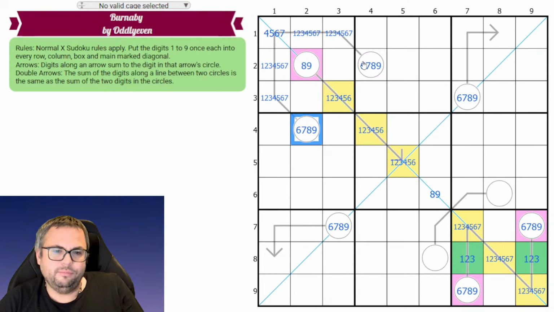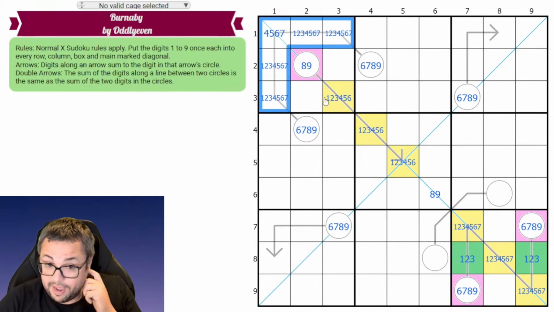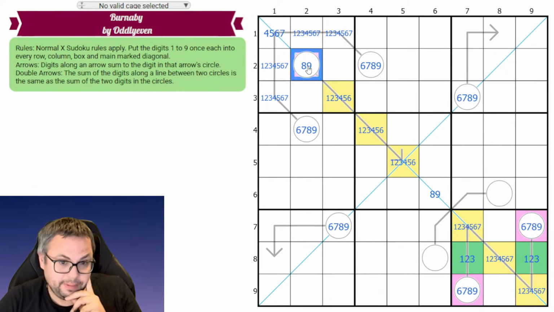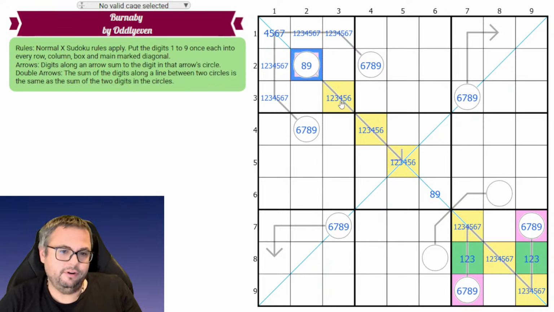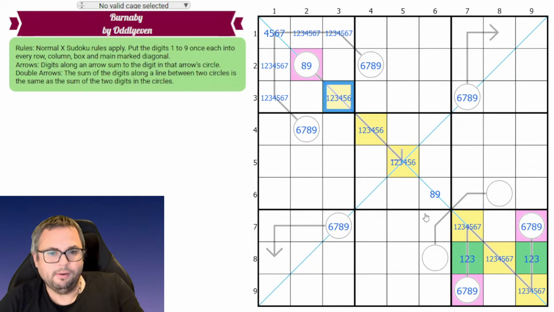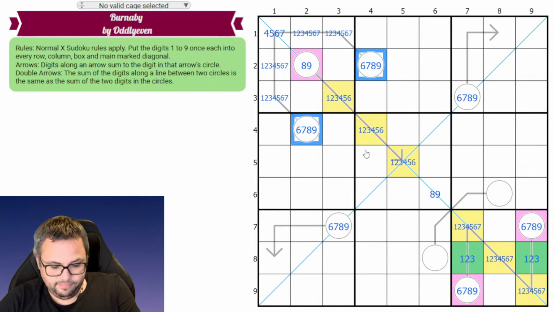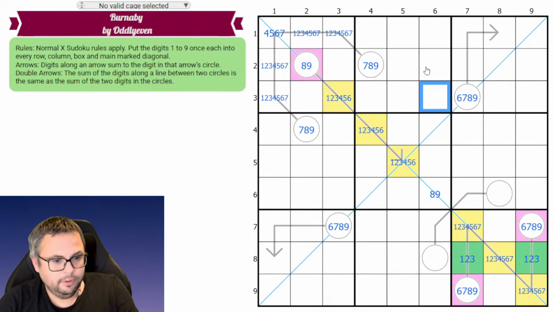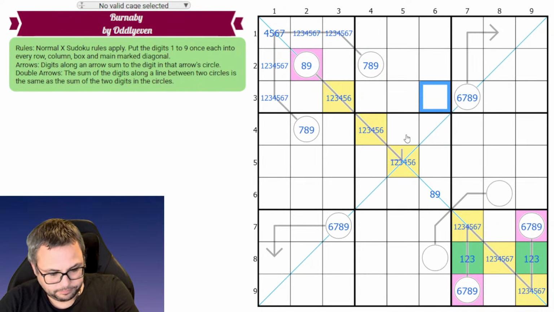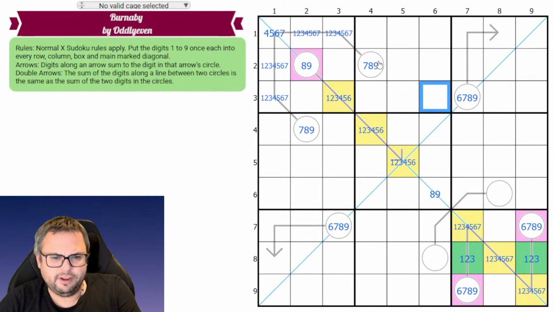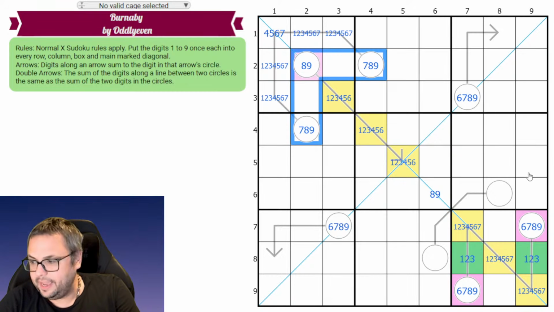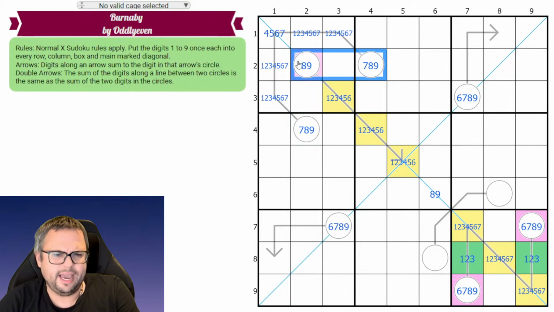Yeah, so the problem is if one of these is a 6, these are 1, 2, 3, 4, 5, and therefore that's a 6. But that's an 8, and 6 and 8 do not go together like that on an arrow. So yeah, I do agree neither of these is 6. I think that's very reasonable. I convinced myself somehow when I looked at it, I saw it and I was like, yeah, that's cool. And then I somehow convinced myself I had to do more Sudoku after that.